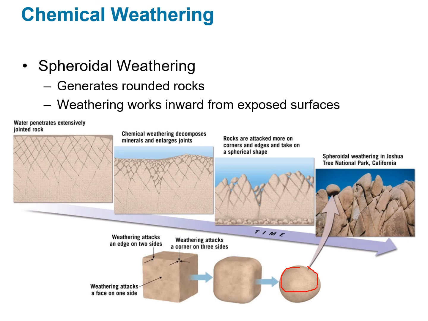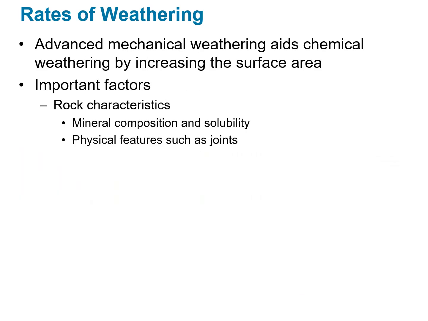So initially it's mostly a physical or mechanical weathering process, and then chemical weathering does its bidding and starts to round the edges of the exposures until they become completely round. Don't believe the History Channel, man, aliens. No, it's a geologic process.